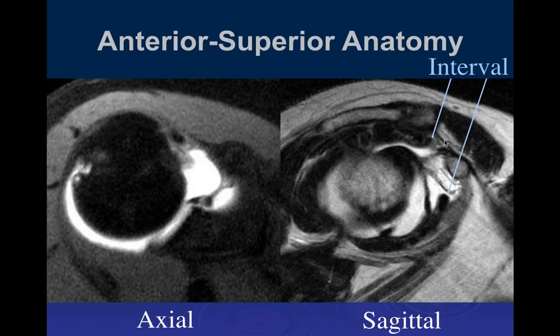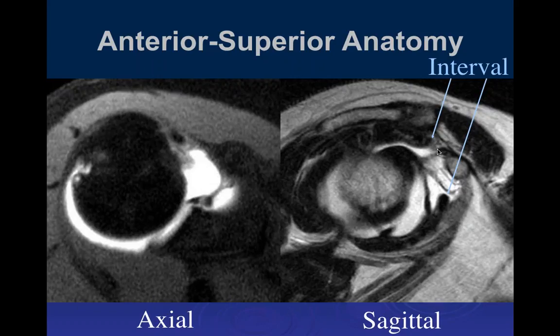The rotator cuff interval is this space between the anterior margin of the supraspinatus muscle and the superior margin of the subscapularis muscle. This allows an opening for the coracoid process to come out, where the short head of the biceps attaches. So this is the rotator cuff interval that you're all familiar with.